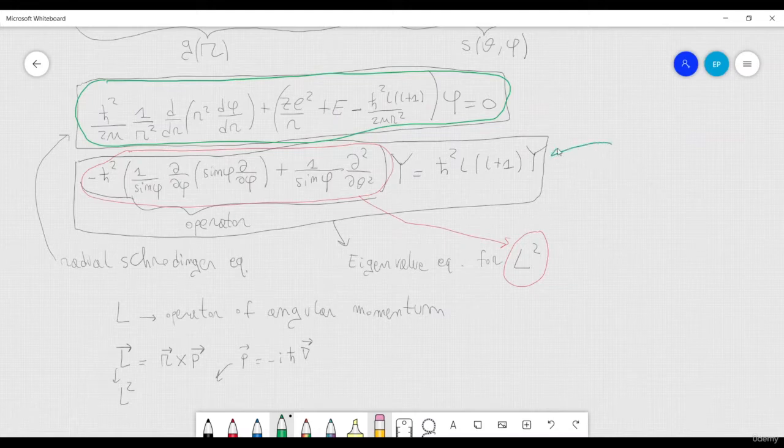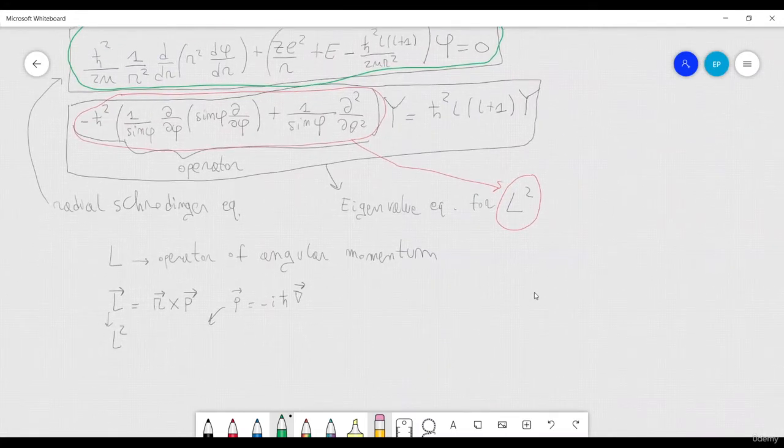I may also try to solve this one, but this course has as its main purpose to find the discrete values of the energy, and I will have to address this equation here. So it's the radial Schrodinger equation.